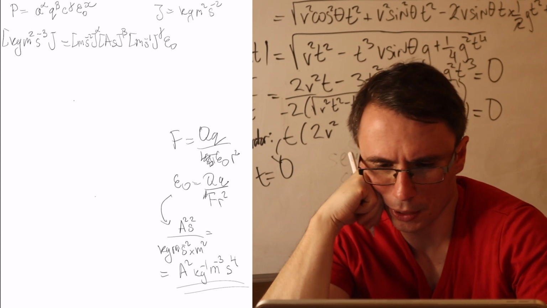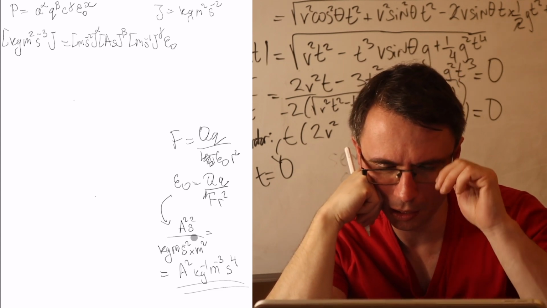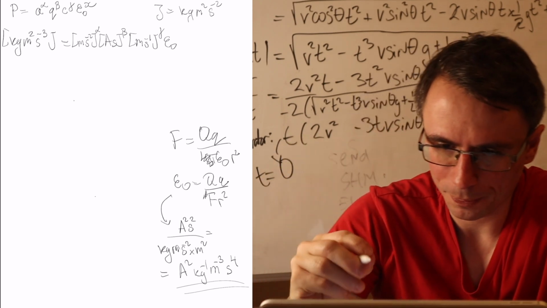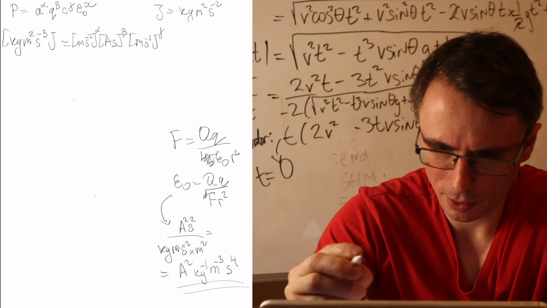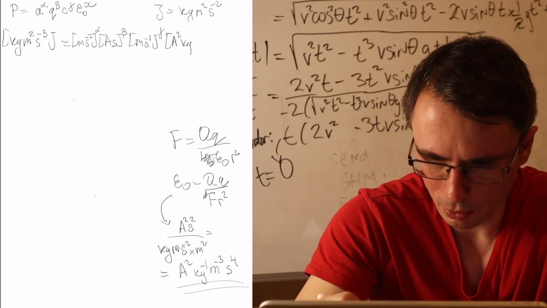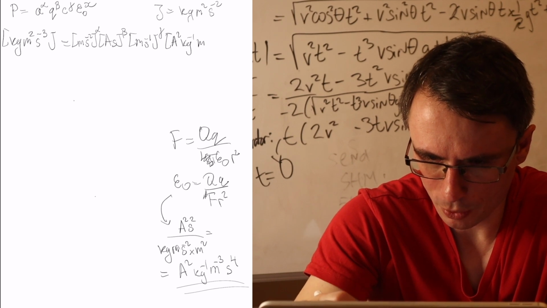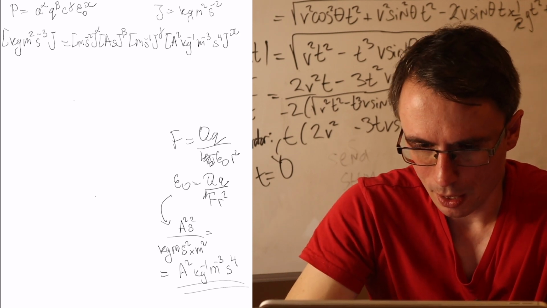Okay, that seems a little bit complicated, but quick double check. No, it seems right. Okay. So epsilon naught is going to give me this, which is A squared kg to the power of minus 1, m to the power of minus 3, s to the power of 4 raised to the power of x.